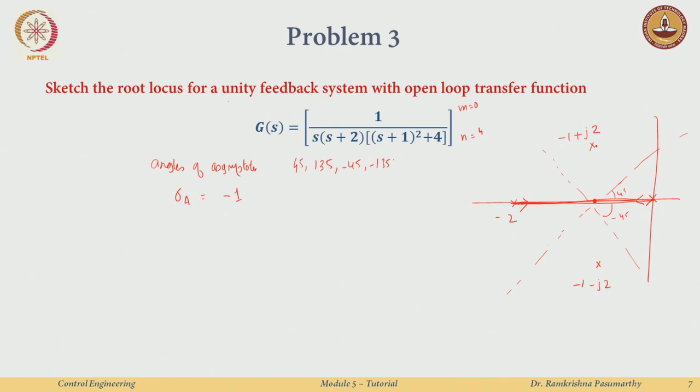Okay. So, let us see where this guy goes, the angle of departure from minus 1 plus j2. Okay. So, what are the angles I am interested in? I am interested in this angle, this angle, and this angle. Okay.